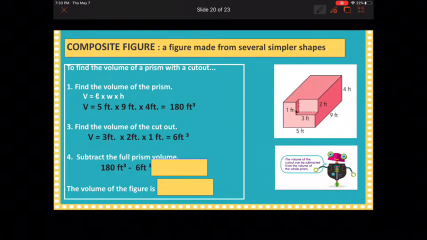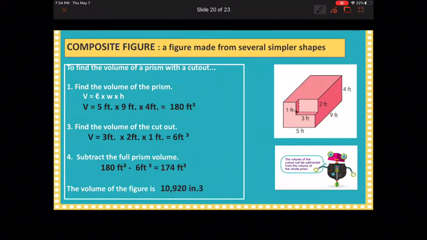So there are our numbers entered in. We've got 180 feet cubed minus 6 feet cubed. That was the cutout. And we get 174 feet cubed. All right, let's get rid of this here. That was from the last problem. 174 feet cubed.